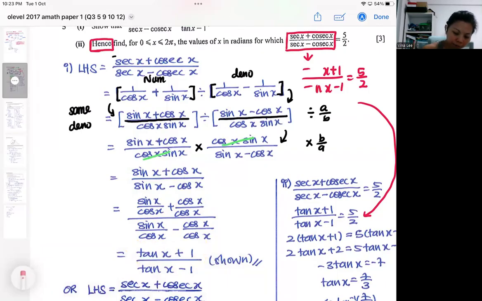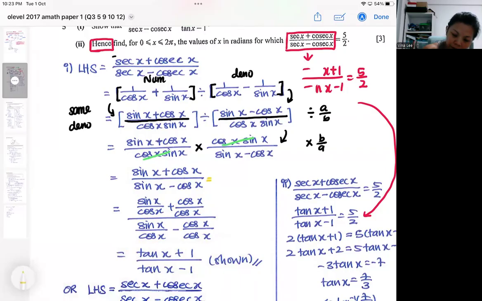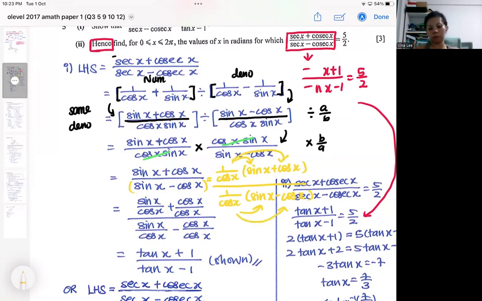Some people prefer to visualize it this way. You can think of it as 1 over cosine x. You multiply 1 over cosine x to the top, and you also multiply 1 over cosine x to the bottom. Then when you multiply in, you still get the same tangent x minus 1 over tangent x plus 1. So it's the same idea.